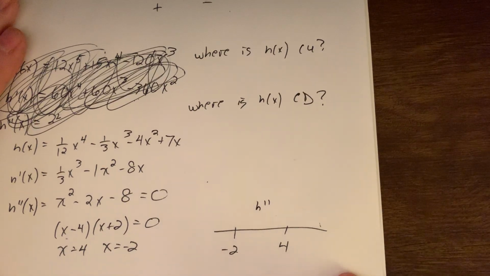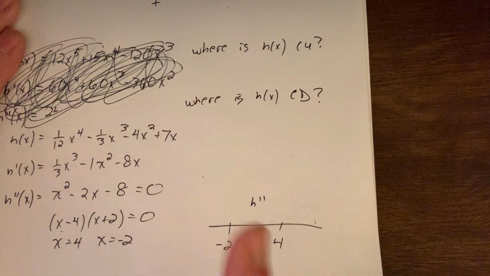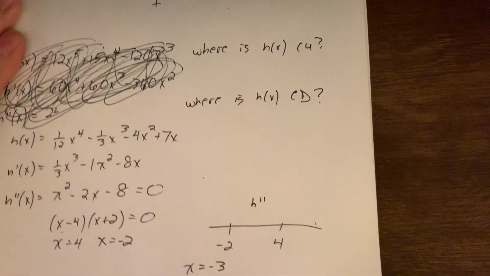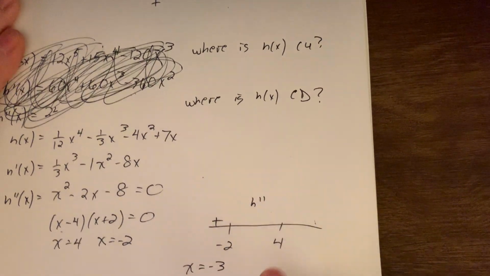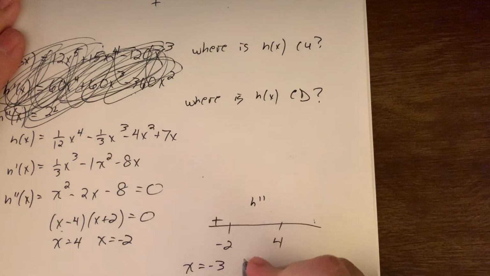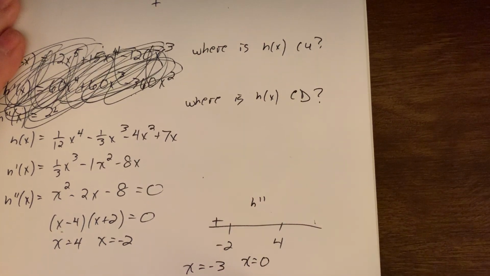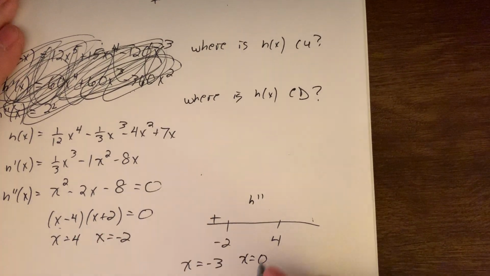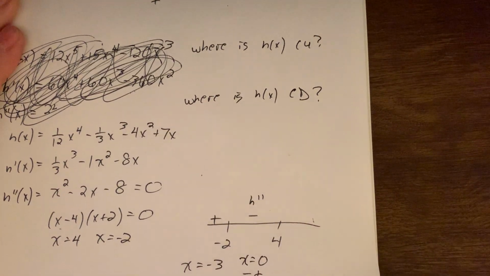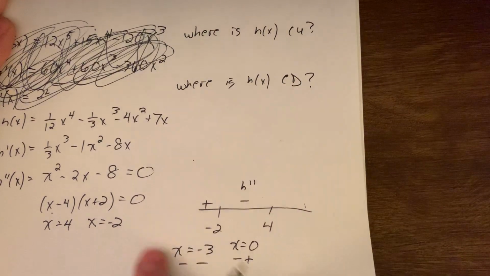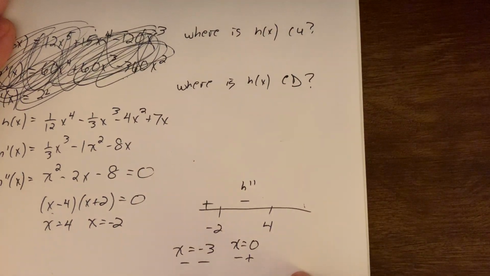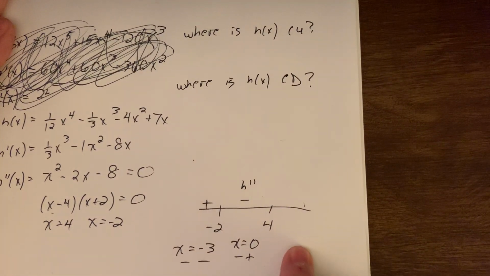And now I'll, again, set up my test interval. Over here, I'll use -3, negative, negative, gives me a positive. In between here, I'll use 0, negative, positive, gives me a negative. I'm going a little faster this time. I hope you've had some practice. We don't want to rush through it, but it shouldn't take us too long with a little practice.